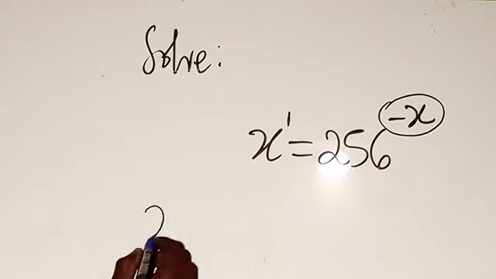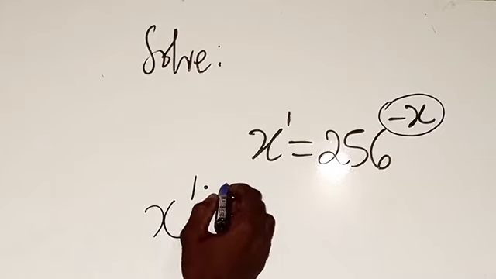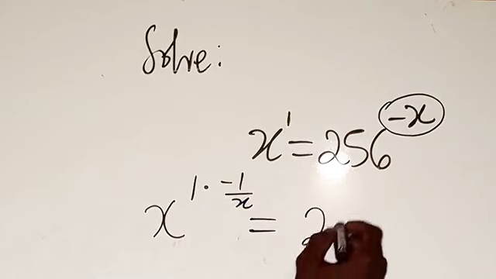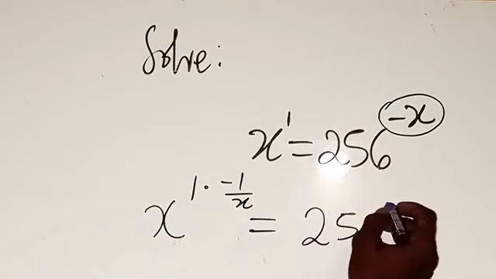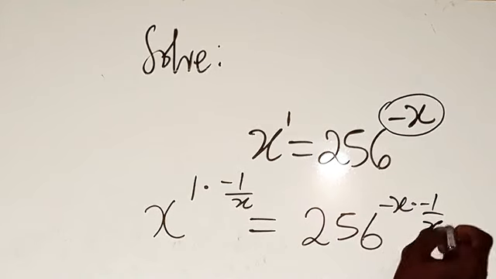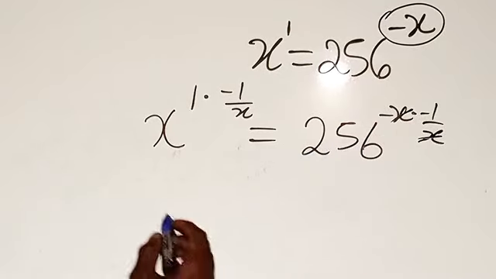So therefore I can have this like 1 multiplying minus 1 over x, then equals 256, then minus x multiplying minus 1 over x. So now from there you see that this x, we cancel this x, and minus times minus will give us plus.